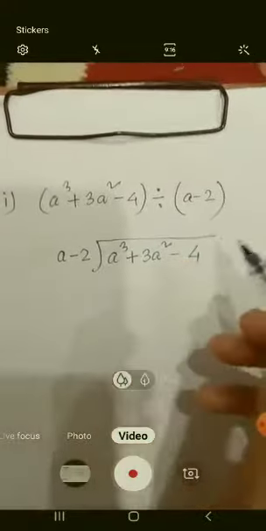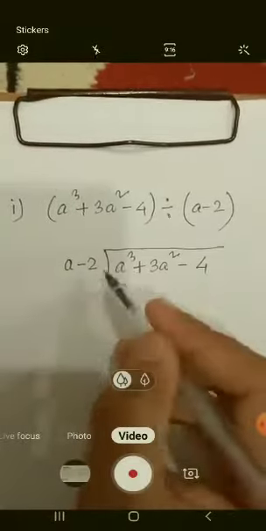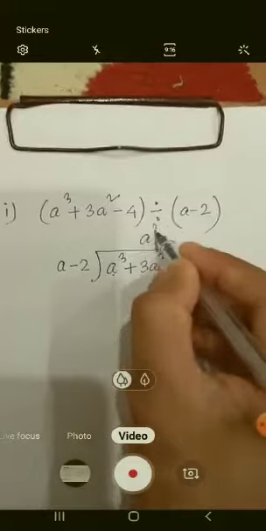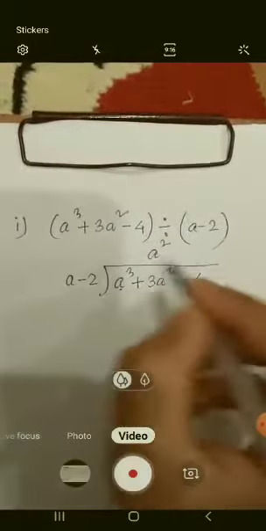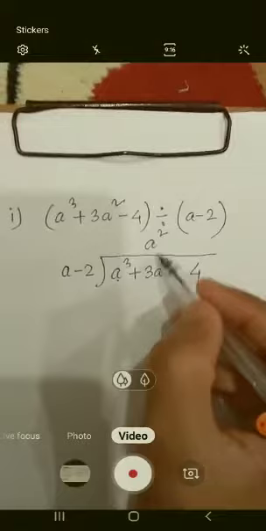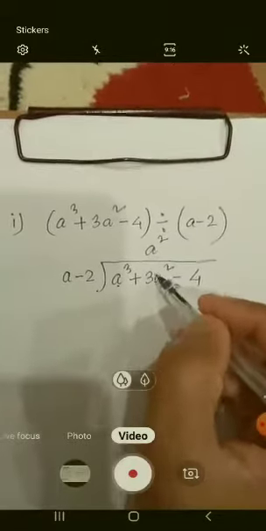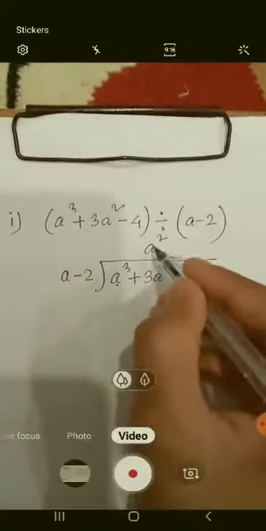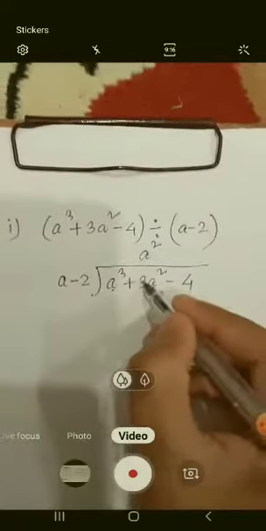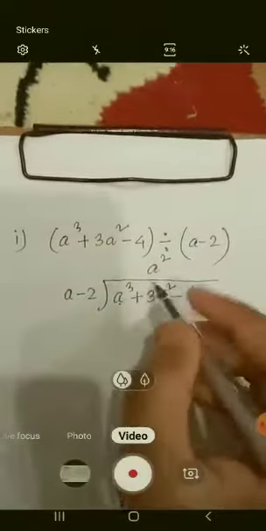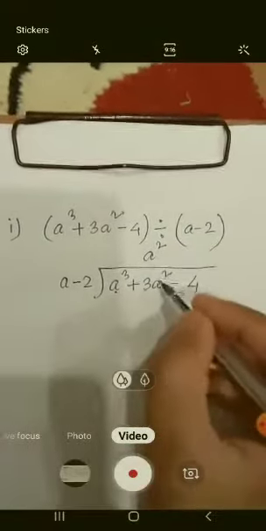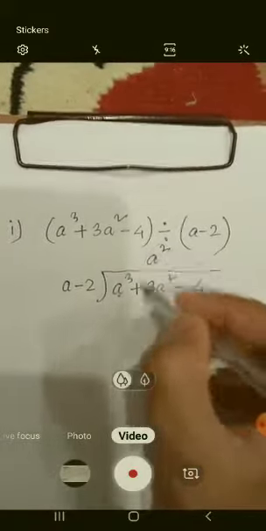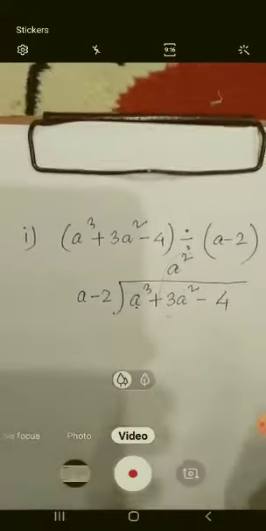Since a square times a gives you a cube, we put a square up here on top, in line with the 3a square term, because these two terms belong in the same category.